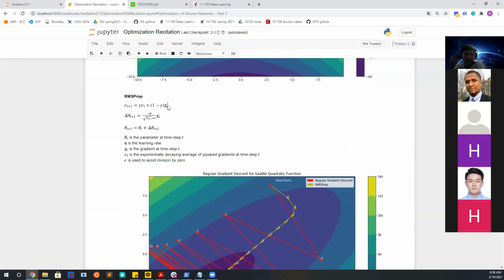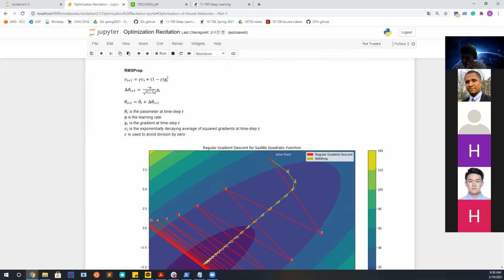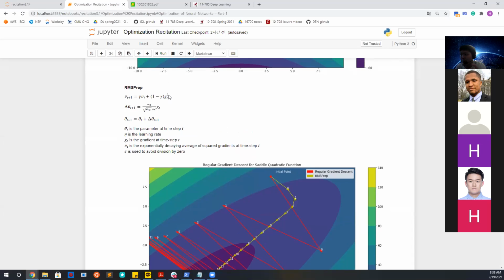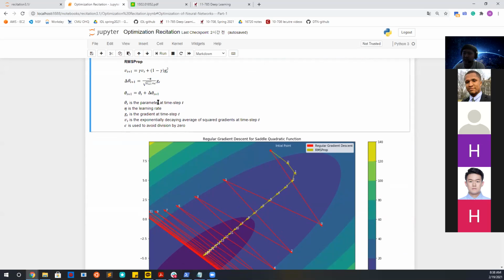You can think of this as, for each network parameter, if you've already accumulated much gradient, you're going to divide the gradient step by the square root of v_{t+1}, which is the accumulated weighted sum. So basically, if you have already gone through that direction a lot, then you'll actually be taking a smaller step.